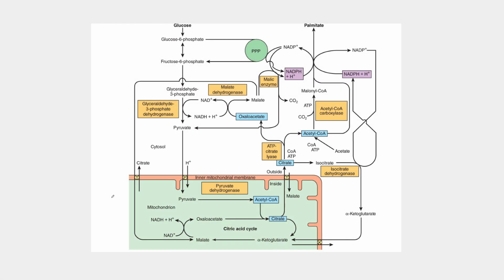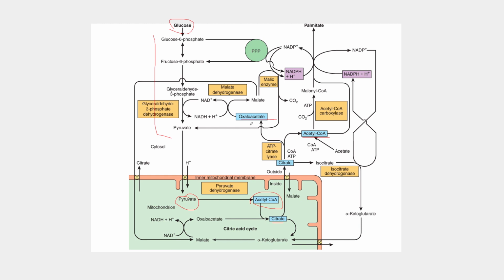So if we add here a few additional pathways, we can get a clearer picture of what's happening in this fed state metabolism. Again, we have glucose coming into the cell, which undergoes a series of reactions by glycolysis to generate pyruvate, which can enter into the mitochondria and is converted into acetyl-CoA. Acetyl-CoA is converted through the TCA cycle to citrate, and this is shuttled out of the mitochondria and is initially cleaved, as mentioned previously, by citrate lyase into oxaloacetate and acetyl-CoA.